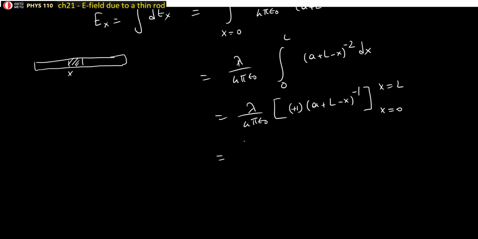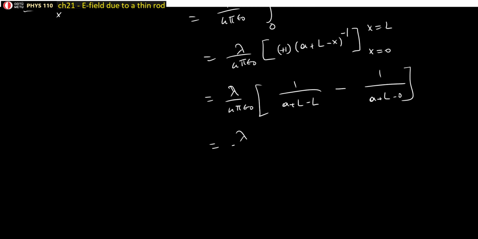Therefore, this is lambda over 4 pi epsilon 0. I'm going to insert L in here, a plus L minus L, and then subtract a plus L minus 0.